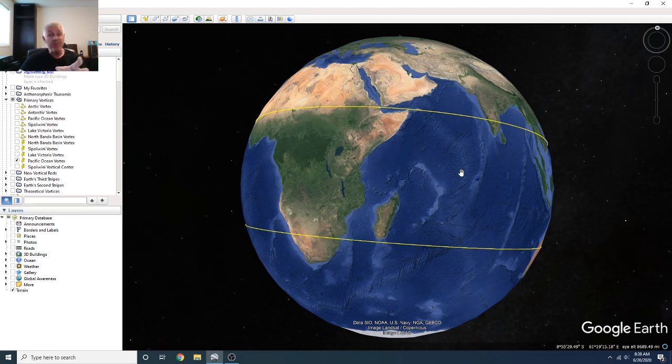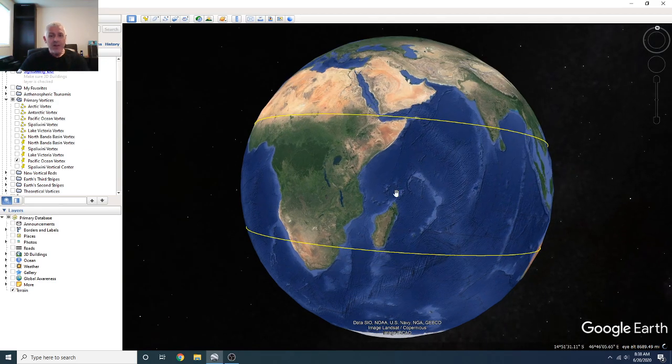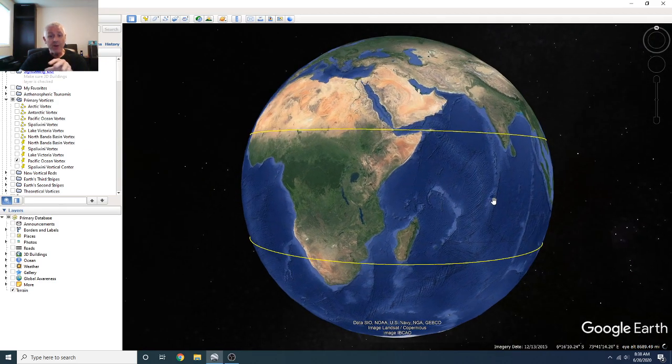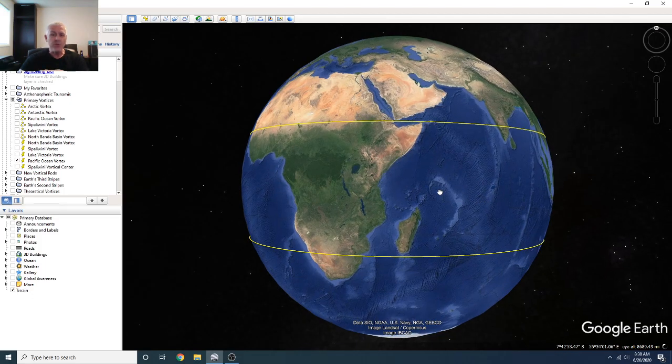Now, here's the funny thing. If it is an equatorial vortex, then we have a very important discovery here too, ladies and gentlemen. We have two disagreeing vortices, bam, one right next to the other, and they're both equatorial, if that's the case, right? So we have a swapperoo taking place here.